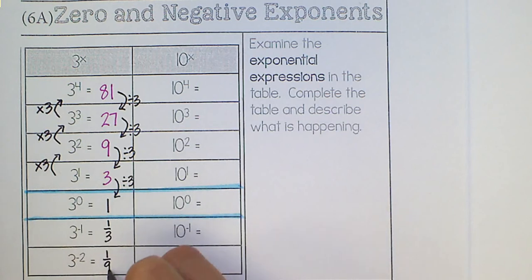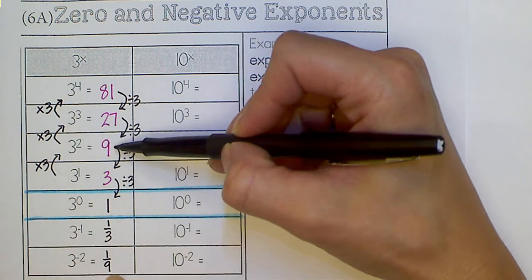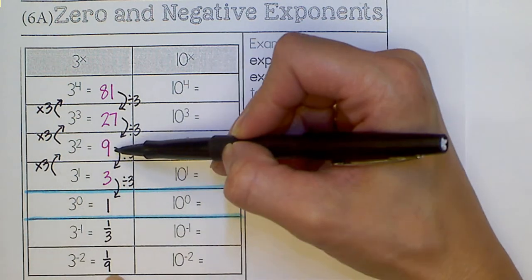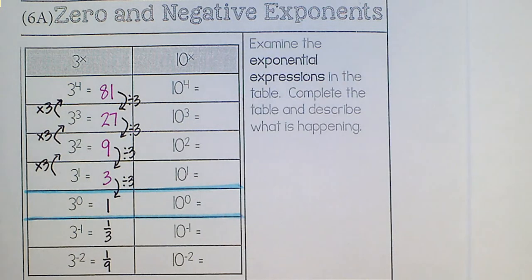And notice 3 to the negative 2 is the reciprocal of 3 to the positive 2. So just keep that in mind. We're going to talk about what negative exponents mean in just a moment. But a good little hint is negative exponents are the reciprocal of their positive value.